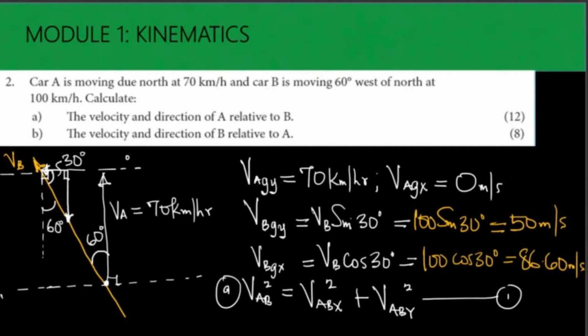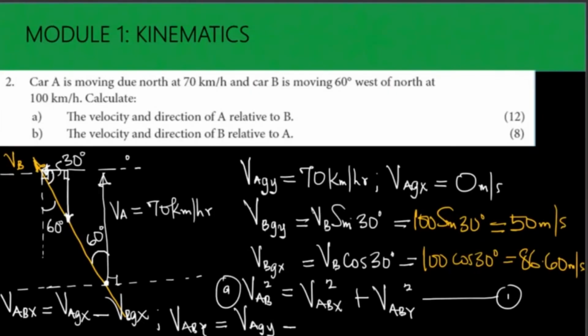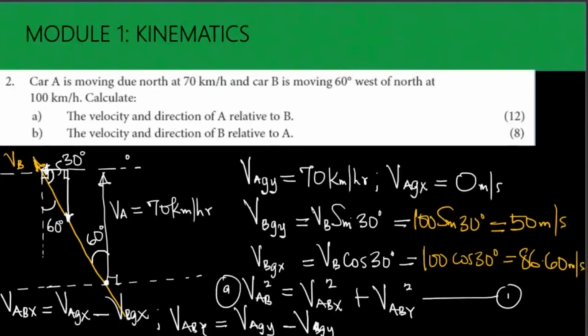So the velocity of A relative to B on X axis is going to be velocity of A relative to the ground on X axis minus velocity of B relative to the ground on X axis. The velocity of A relative to B on Y is going to be velocity of A relative to the ground on Y axis minus the velocity of B relative to the ground on y-axis.